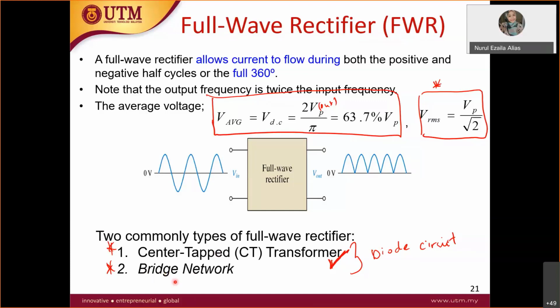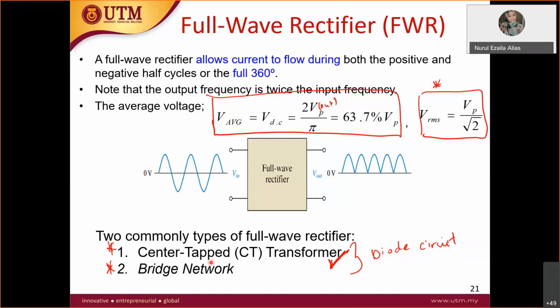The second objective is to introduce the other type of rectifier, called the bridge network. Like I said, it involves a diode circuit. For center tap, only two diodes are involved, but in bridge there will be four diodes. Your objective is the same. In the center tap, you need to find which diode can be turned on so that current can pass through that diode to your output.